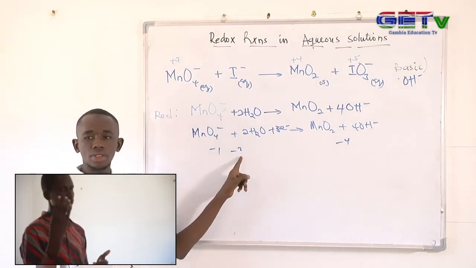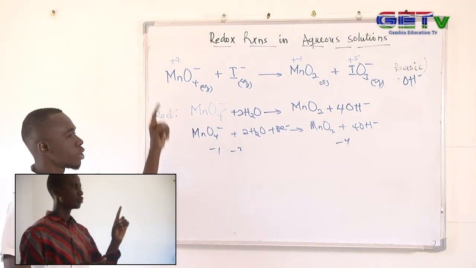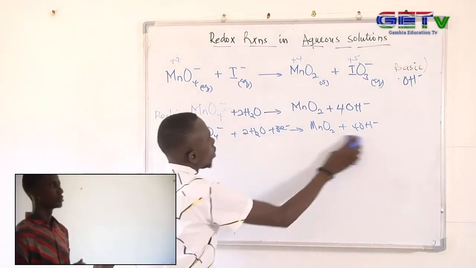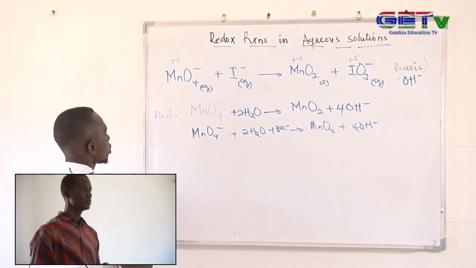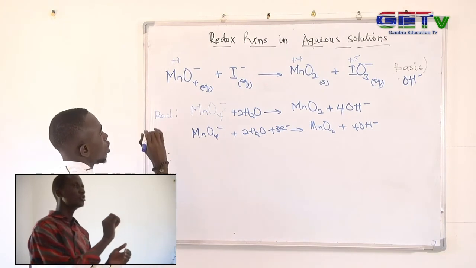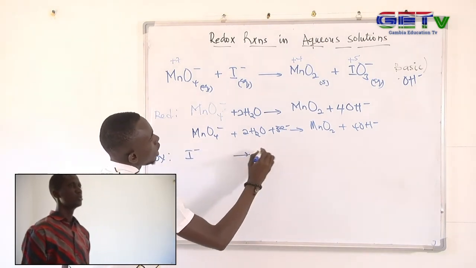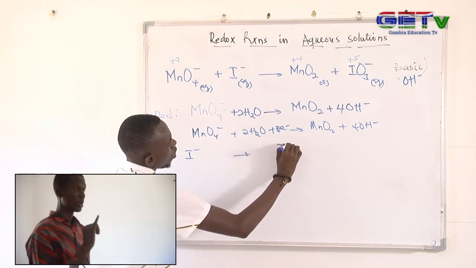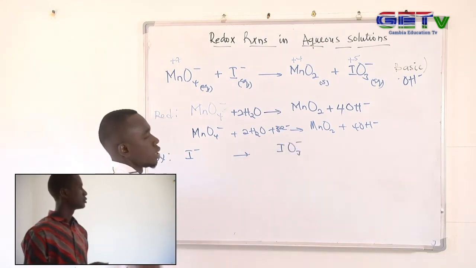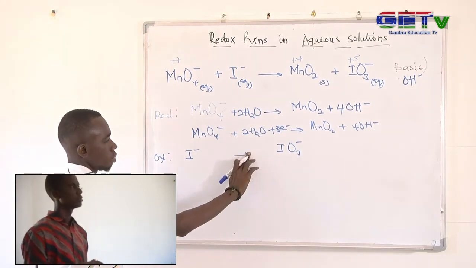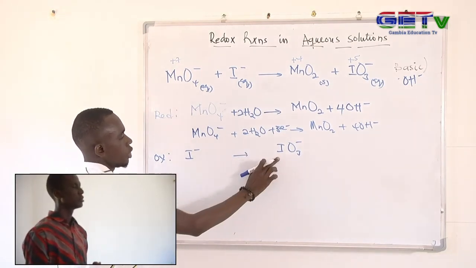And this minus 1 minus 3 is minus 4, which means the reduction side is balanced. Now we move to the oxidation side, where we have I minus will give us IO3 minus. And again, iodine is 1 here, and iodine is 1.